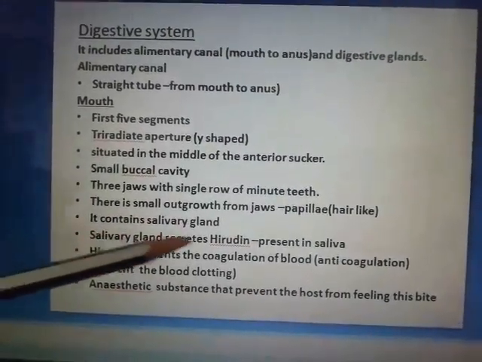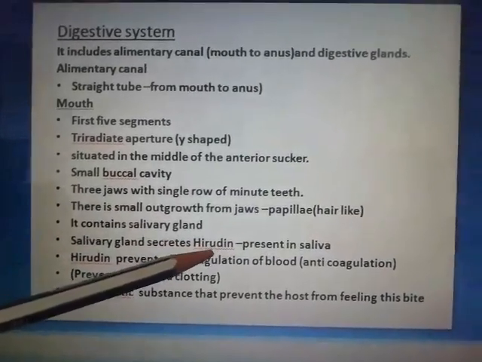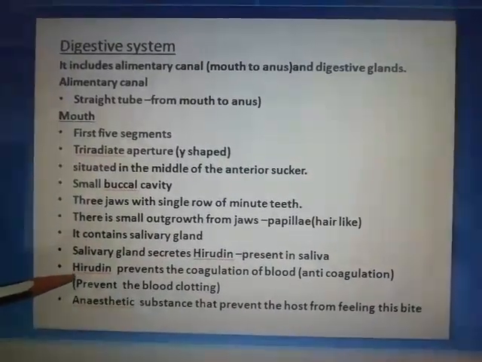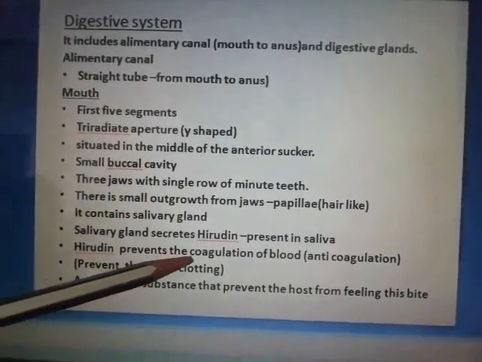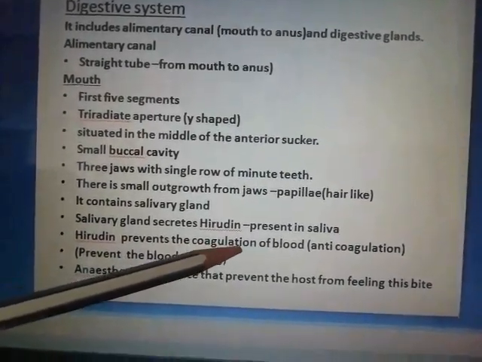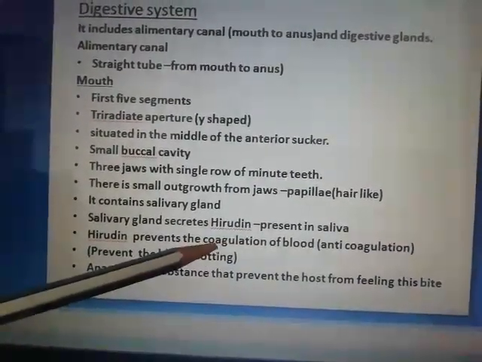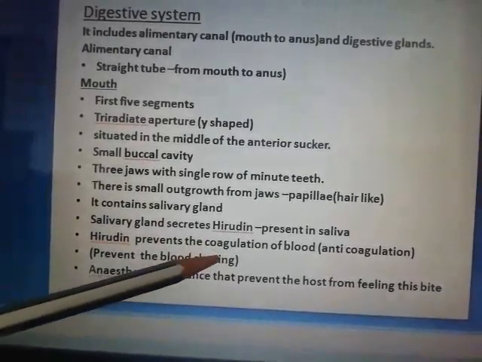That saliva contains hirudin. It is a chemical substance or enzyme present in saliva. The main function of hirudin is to prevent the coagulation of blood. It is anticoagulation, which prevents blood clotting. Then the blood flows continuously inside the body.